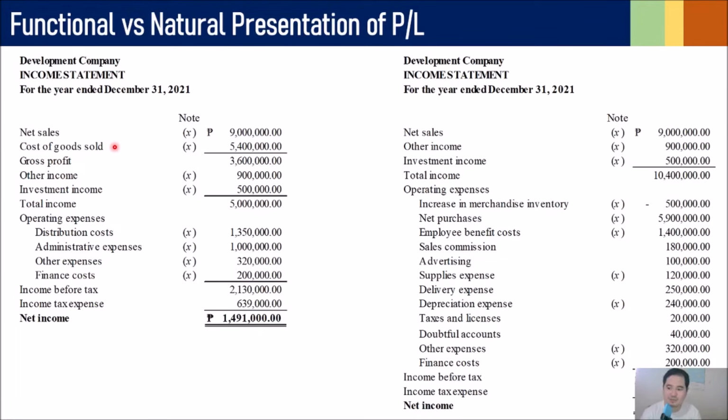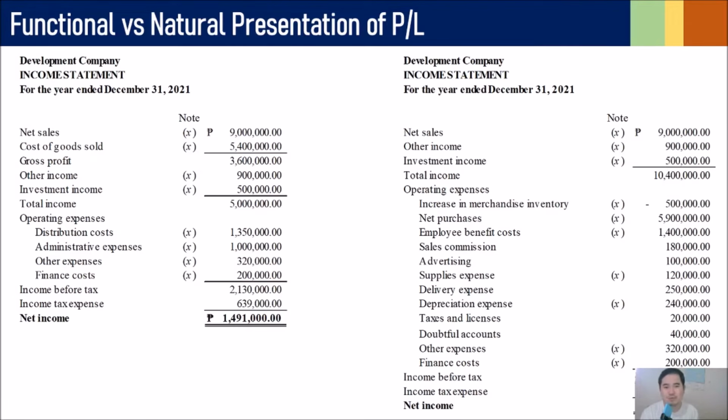Of course, because there is cost of goods sold, there is gross profit. Then, there you present your other income and investment income, which constitutes your total income. Then you subtract operating expenses, that's your income before tax. The standard says there must be a separate presentation of tax expense, which will lead to your net income.